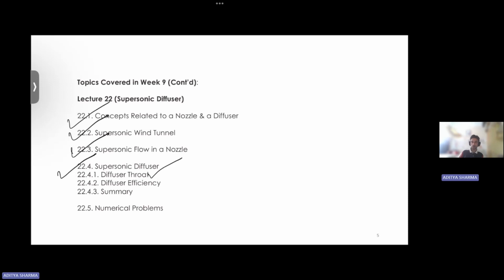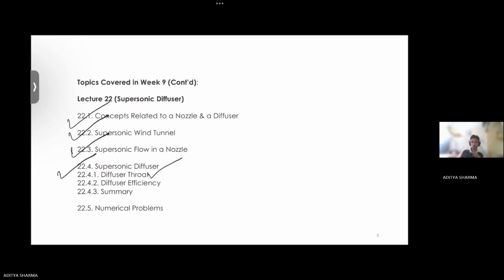The throat of the diffuser: geometrically, there are not major differences between a nozzle and a diffuser. It also has a throat. This is what I mean to say. So in this first subtopic of the supersonic diffuser, the diffuser throat has been discussed.